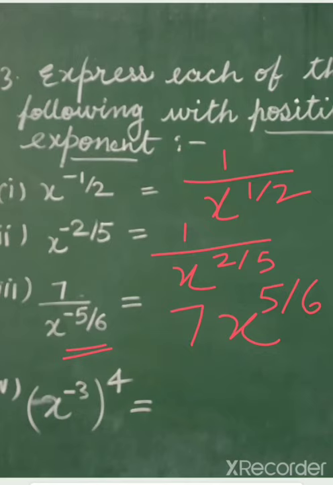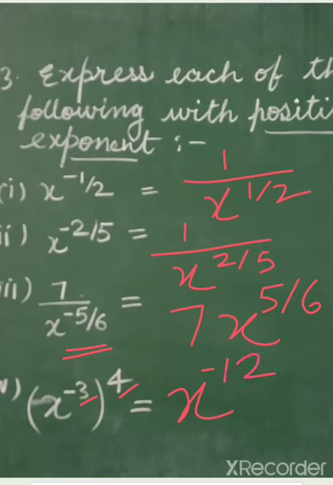Now we have x to the power m into n. We remember the formula, when power to the power, we multiply. So minus 3 into 4 will be x to the power minus 12. So x to the power m to the power n is x to the power mn. We apply this formula. So we write x to the power, 3 into minus 4, is minus 12.